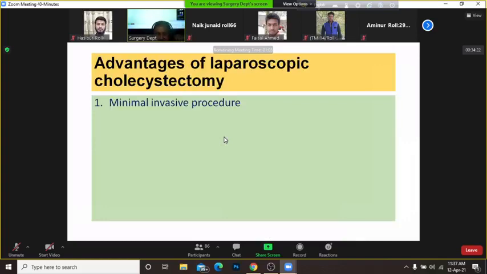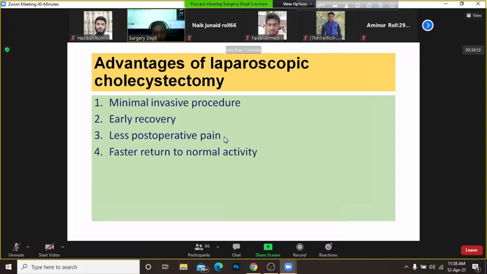So advantages of laparoscopic cholecystectomy, already we have mentioned that it is minimally invasive. It recovers early in comparison to open cholecystectomy. After laparoscopic procedure, the patient can recover within hours to a day. Less postoperative pain that can be controlled simply by paracetamol, and faster return to normal activity. After laparoscopic procedure, the patient can return to normal activities within 7 days.